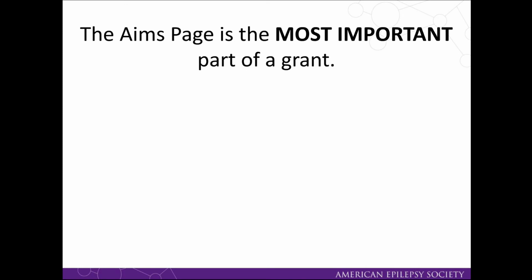So this is after the lecture break. And what the next group of slides are going to focus on is the aims page. I was asked to talk about the grant itself, but most of these slides are focused solely on the aims page because this is clearly the most important part of a grant.